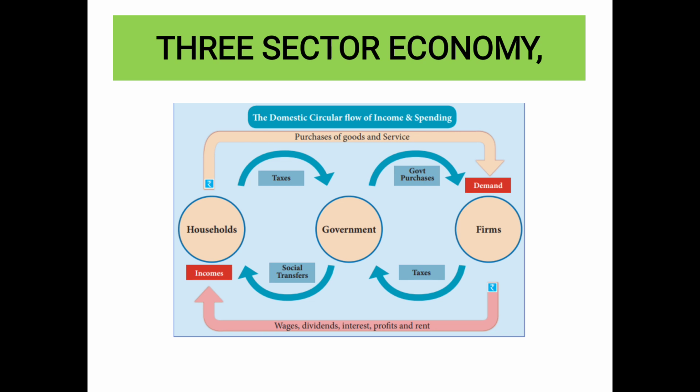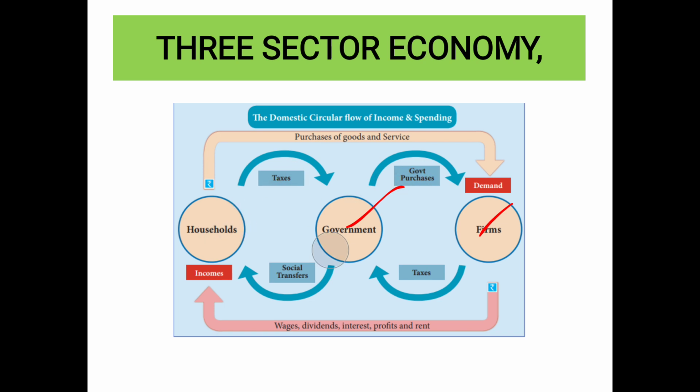Now we can see the three-sector model. Under the three-sector model, you can see three circles here. In the circle on your left hand side, you can see household. In the center, you have government. And on your right, you can see another circle where firms are written.